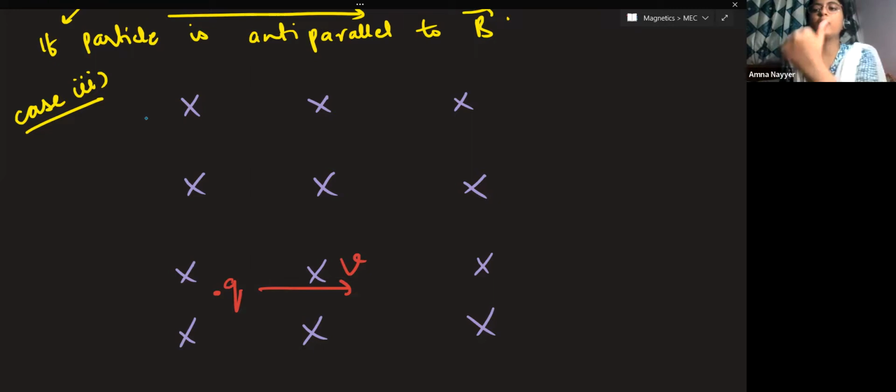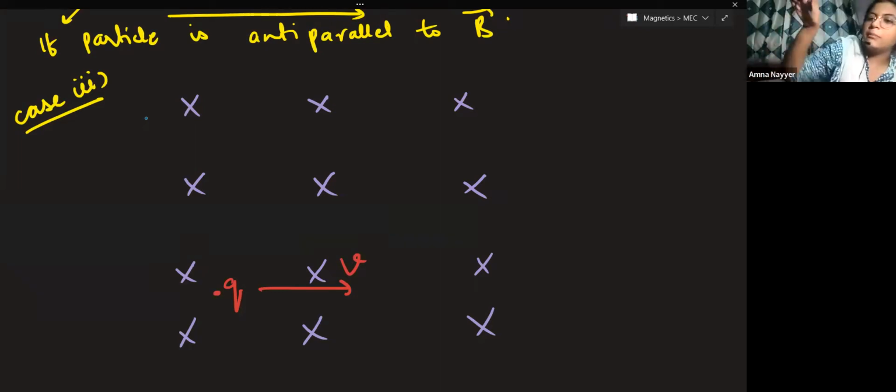Had it been pointing towards the left hand side, I would have kept my hand pointing towards the left. So I have to put it towards the right hand side. Now I have to curl it towards the magnetic field. First point, put your fingers along the direction of motion, along the direction of velocity, and curl your fingers towards the magnetic field.